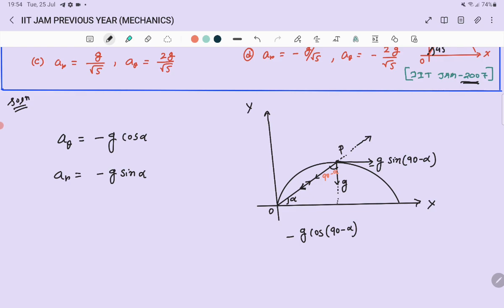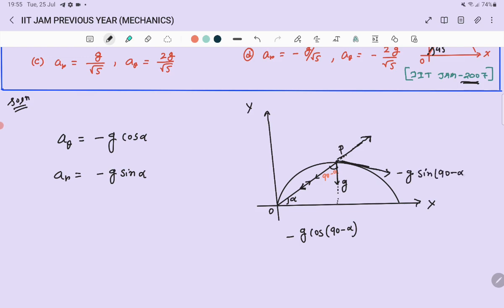Why is this minus sign taken? Because the positive radial direction is this, but here G is along this direction. I have drawn this in the wrong way; these two components will be 90 degrees to each other, somewhere in the downward direction, so it will be minus G sin(90 minus alpha).